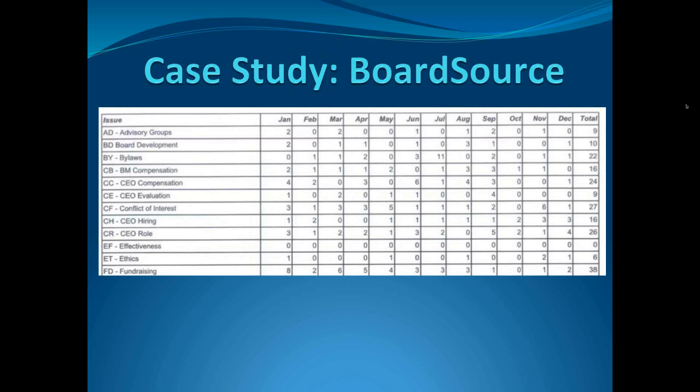But let's say, in the case of BoardSource, they're talking about board issues, and so they said the issues are fundraising, or CEO hiring, or CEO evaluation. So each organization needs to look at what's appropriate for them. You might start as broadly as questions about membership versus questions about specific events versus questions about products, for example. But again, it's going to depend very much on the organization.